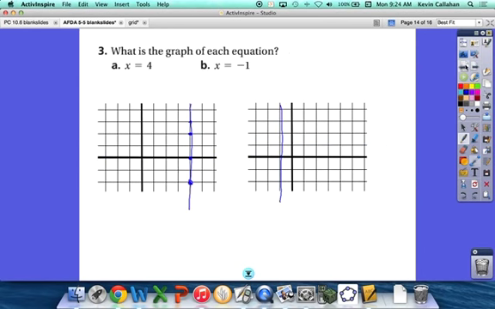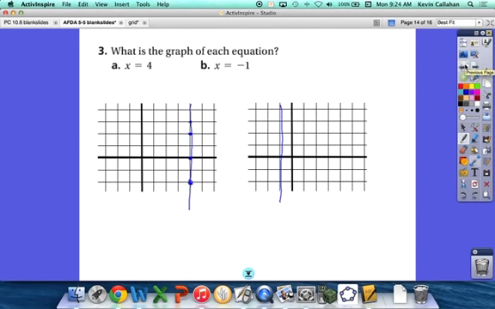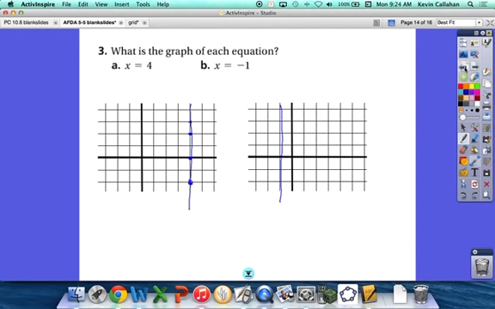Which one of those, vertical or horizontal, could be considered slope-intercept form? Yeah, this one really is, remember, this is like y equals 0x plus 1. That's definitely slope-intercept form. Slope is 0, y-intercept is 1, right?